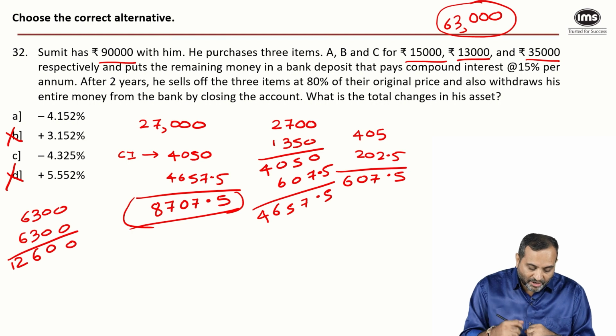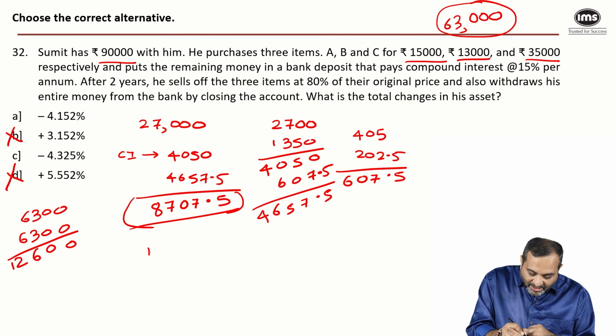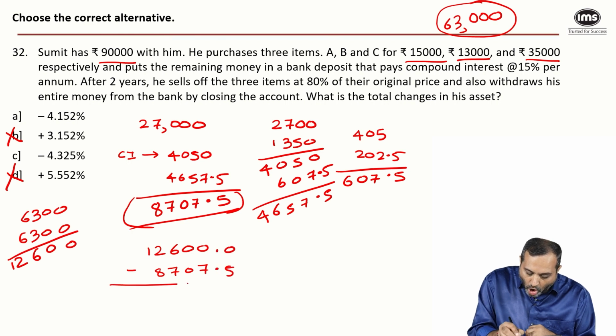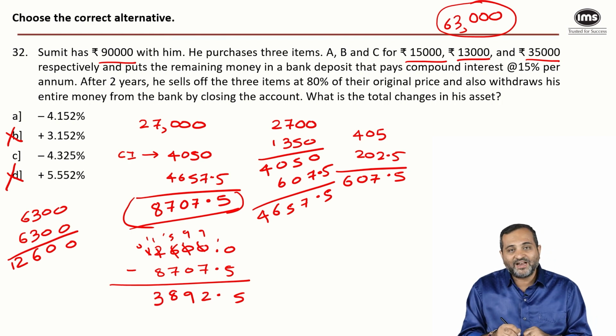So I'll have to calculate what is the decrease in my asset. So can I say 12,600 minus 8707.5? This is the loss that I have made. So can you calculate the value here? What is the value that I will get? It is 3892.5.